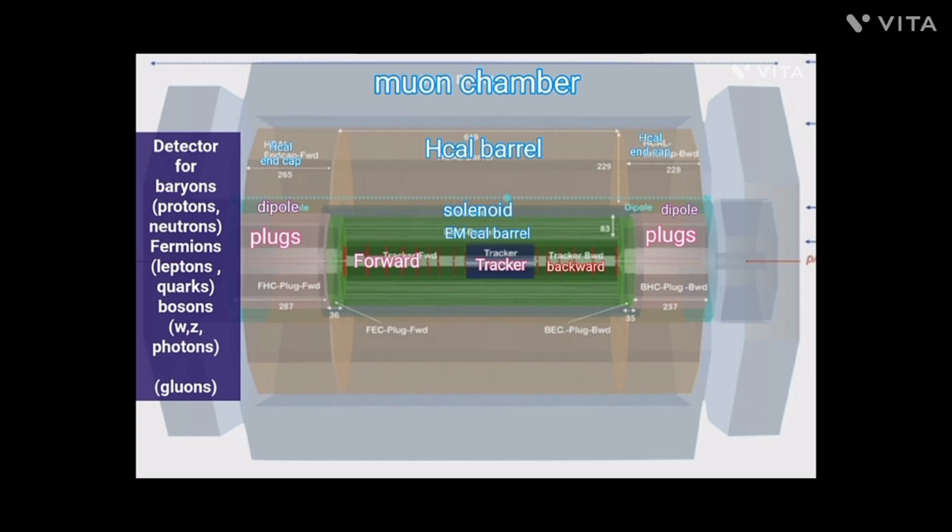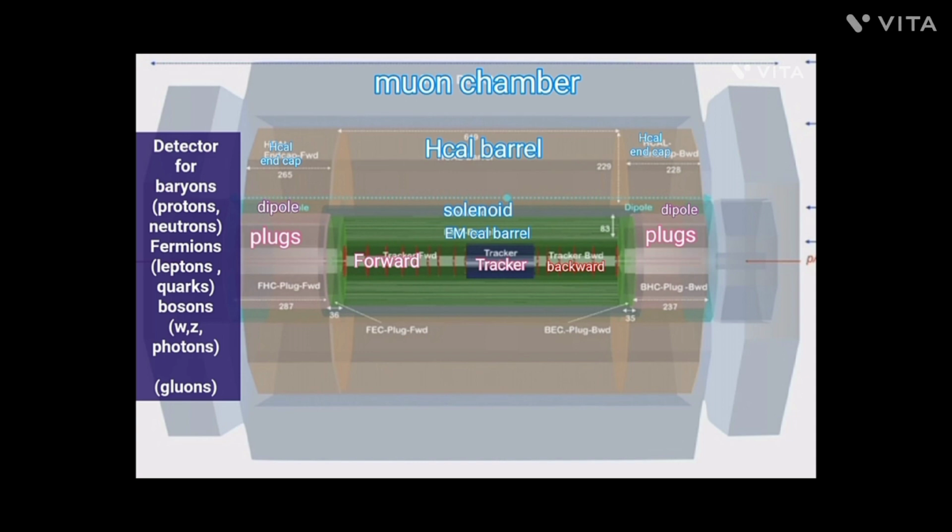The hadron calorimeter registers the hadrons like neutrons, protons, and the quarks, diquarks, tetraquarks, pentaquarks. They are all registered in the HCal barrel.